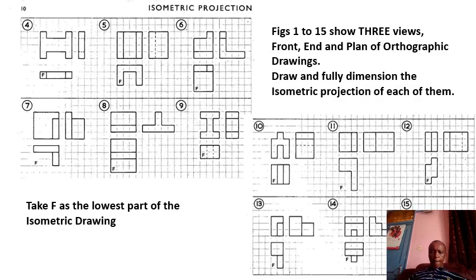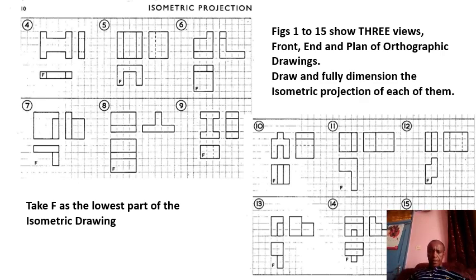So isometric projection is what we want to convert all these orthographic projection drawings to. And we have a number of them here, starting right from number 4 and up to number 15.